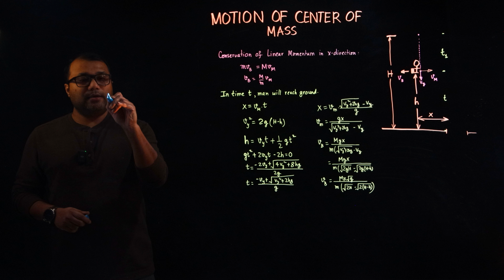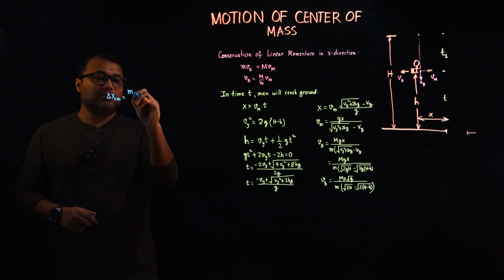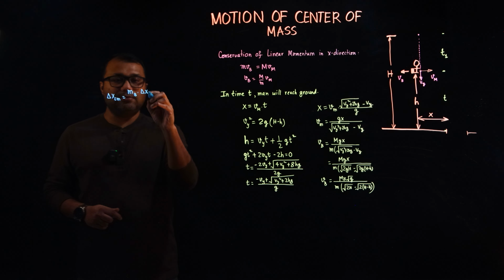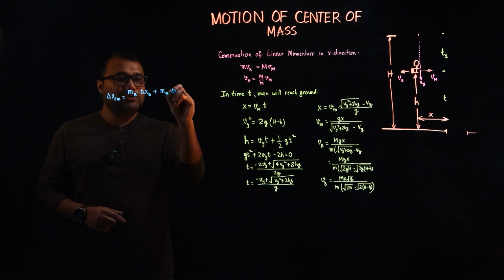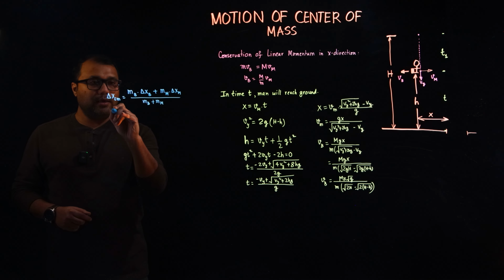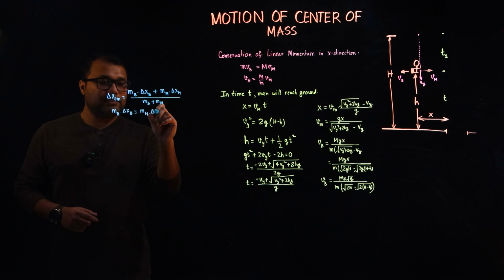So delta x cm, the formula was mass of the first body, let's say bag, times change in position of the first body, plus man times change in position of the man, divided by mb plus mm. Since the center of mass does not change, mb times delta xb should equal mm times delta xm.